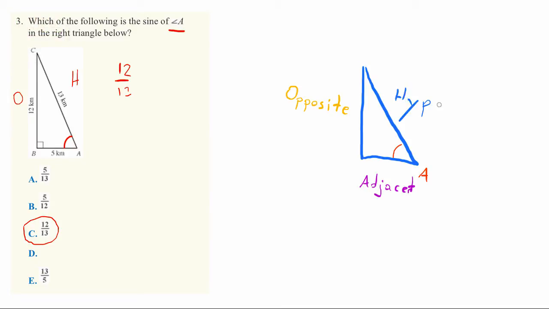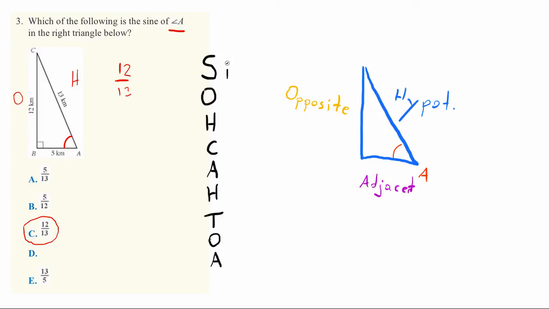If you can remember this labeling system, I'll just abbreviate because I don't want to spell it wrong. If you can remember this labeling system, now all you have to remember is the memory device Sohcahtoa. Let me show you how it's used.